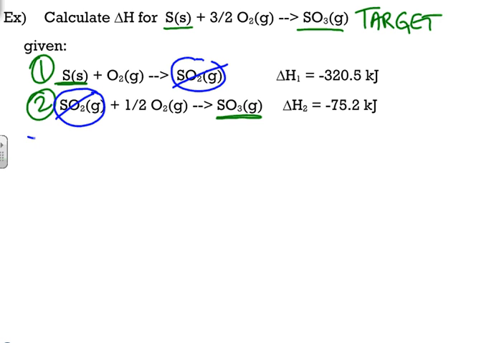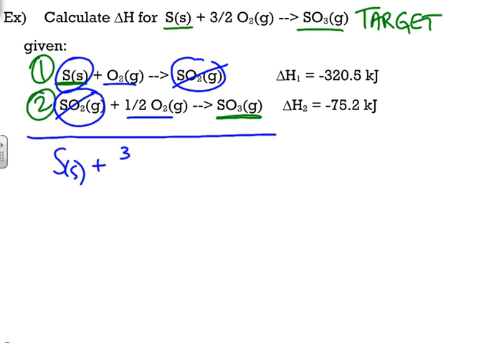So when I actually add up these two equations, what am I left with? Well, I have solid sulfur. I have 1 oxygen plus another half of oxygen, so I actually have 3 halves of oxygen gas. And on my product side now, all I'm left with is my sulfur trioxide gas. So I didn't really have to do any manipulation of equations.